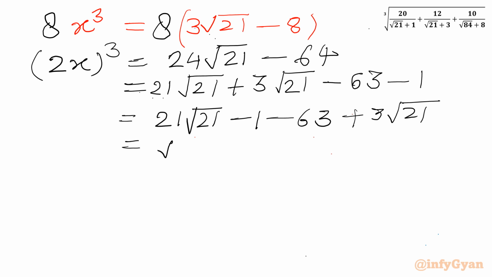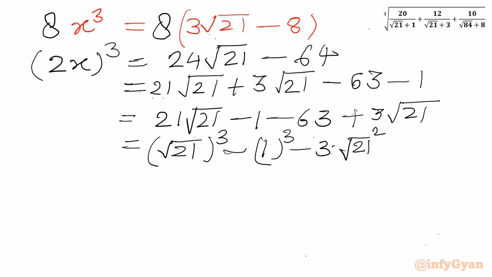We can write 21 root 21 as root 21 whole cube, minus 1 whole cube, minus 3 times root 21 square times 1, this is 63, plus 3 times root 21 times 1 square, this is 3 root 21.